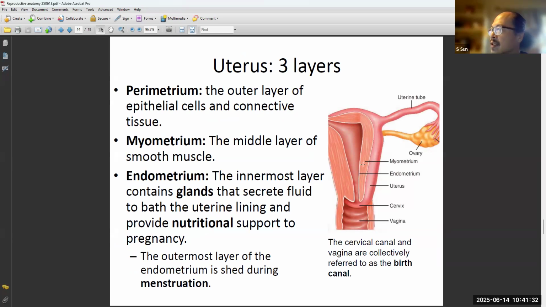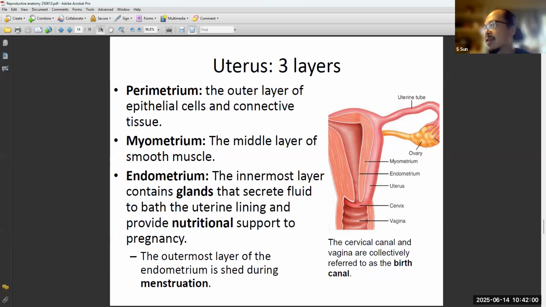What you see here is that the uterus has 3 layers. The very inner layer, we call it endometrium. The middle layer, we call it myometrium, meaning it has muscle. The outer layer is called perimetrium. So the inner portion, endometrium, the middle portion, myometrium. Myometrium has the muscle.